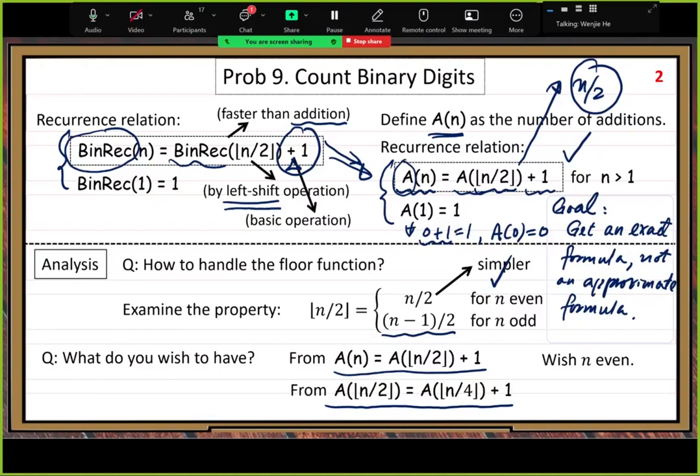Then you may have another round down error. It could be very complicated, because you need to apply this recurrence relation many, many times. Every time you may get some round down error, and that makes the solution harder, right?